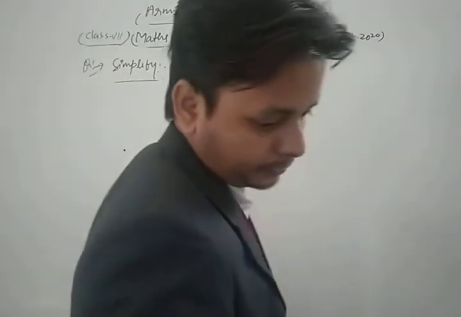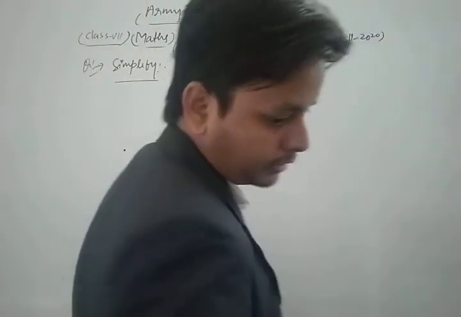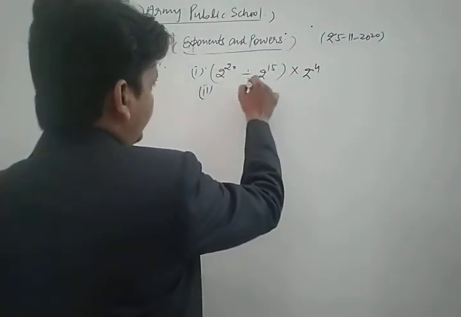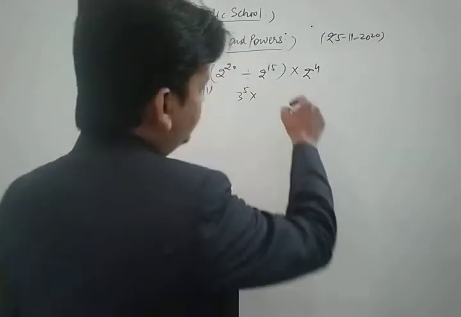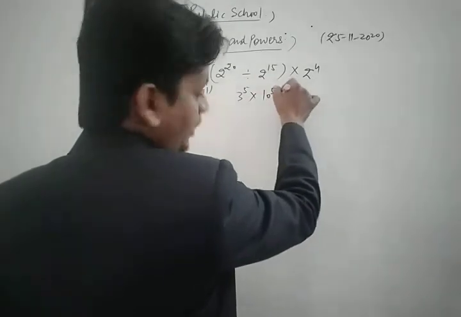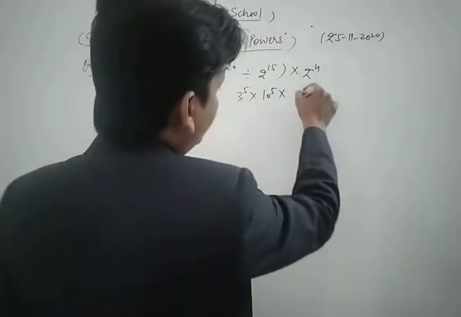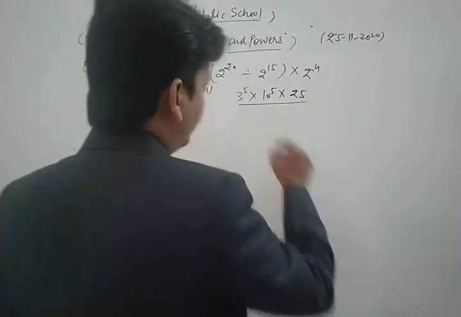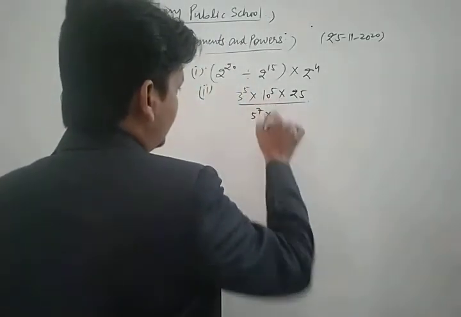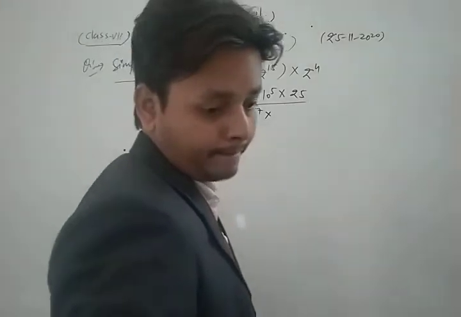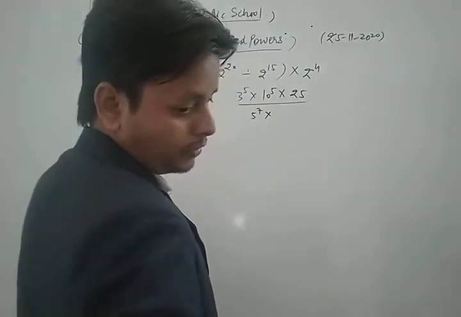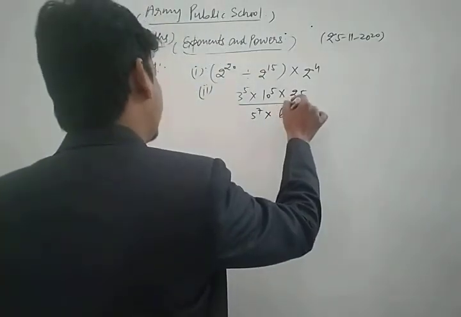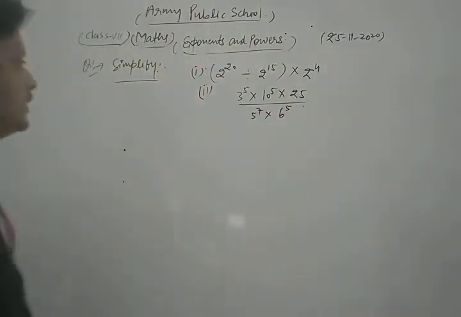Second one: 3 power 7, 3 power 5 into 10 power 5 into 25 upon 5 to the power 7 into 6 to the power 5. Okay, these are the questions here.